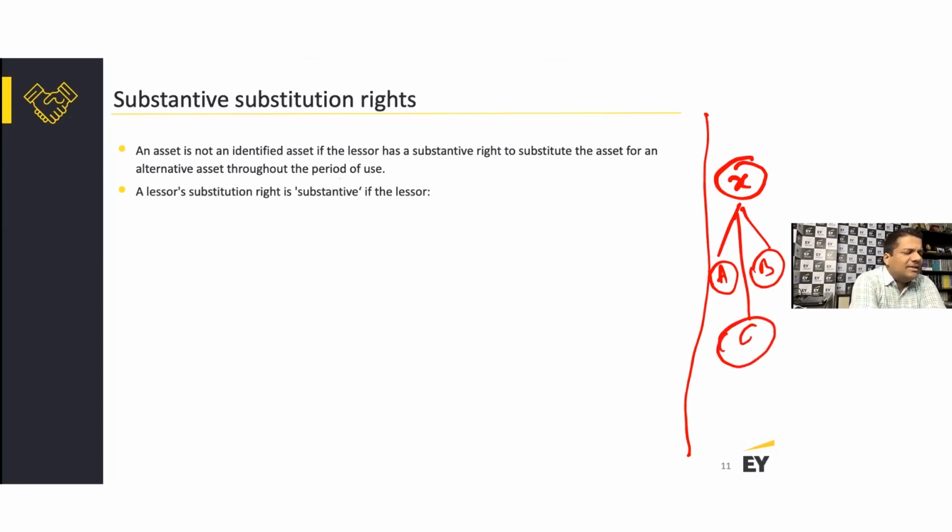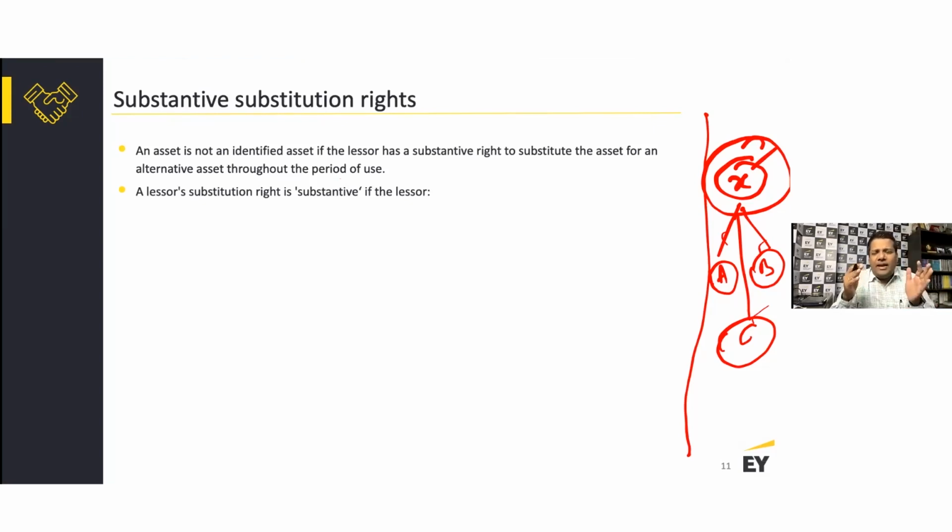That means this X is not available to the lessee during the term of the arrangement. The supplier or the lessor has the ability to send either X or A or B or C. That means there is a substantive substitution right. That means there is no identified asset, right? It is only a type of asset which is identified, but not the asset, all right? And that's the difference, okay?